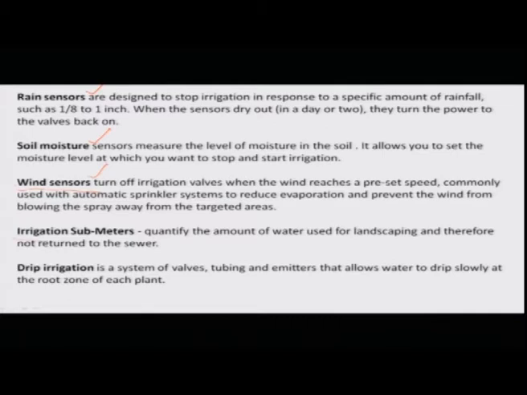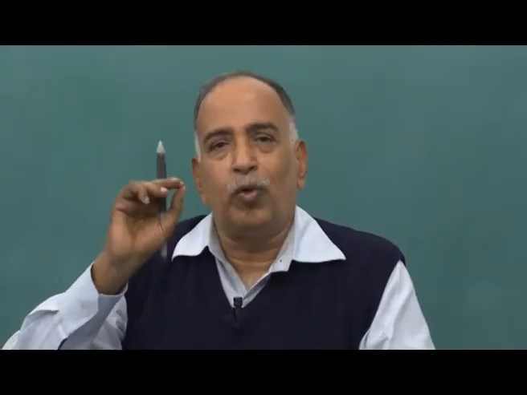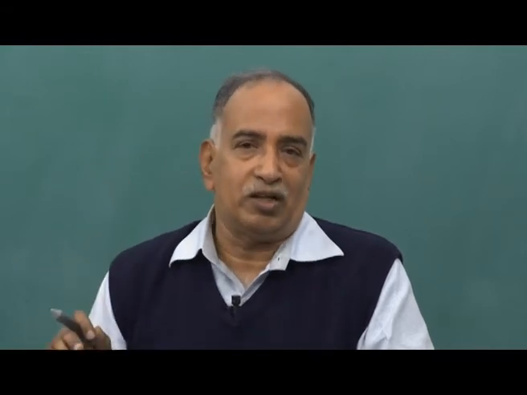Then irrigation submeters are there to quantify the water used for different purposes. Then drip irrigation is a system of valves, tubes and emitters that will tell you how much water it is likely to give, so that water is not lost during the irrigation schedules.